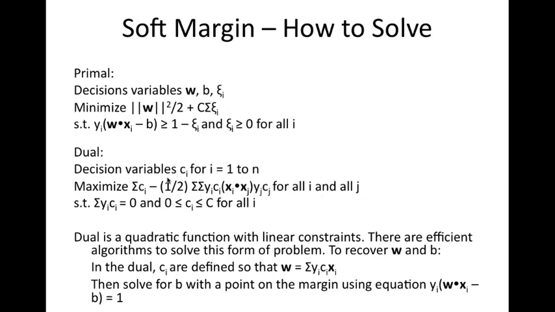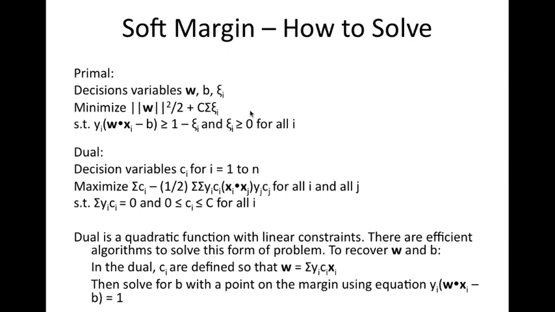So that's a way more complicated objective function. However, we note that now, instead of 2n constraints, there are just n plus 1 constraints. So that's good. There's just the sum of the y i c i must equal 0, and c i must be between 0 and c for all i.